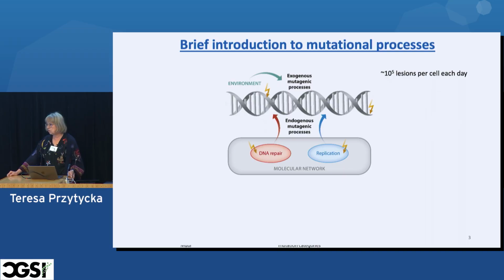Those mutagenic processes can be exogenous, related to environment, such as smoking, UV light, perhaps some drugs, but there's also an important component that comes from endogenous mutagenic processes. Those are processes that naturally occur in the cell. They are not precise. They introduce some errors and naturally lead to mutations.